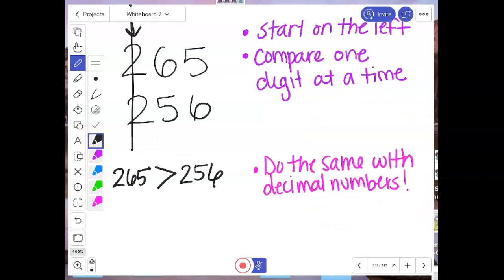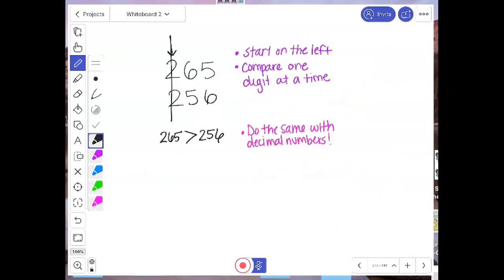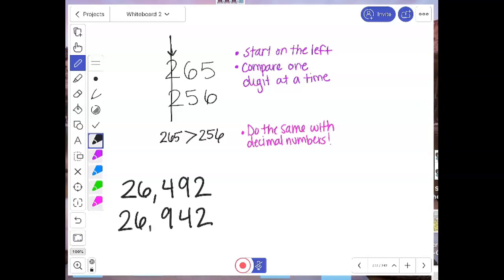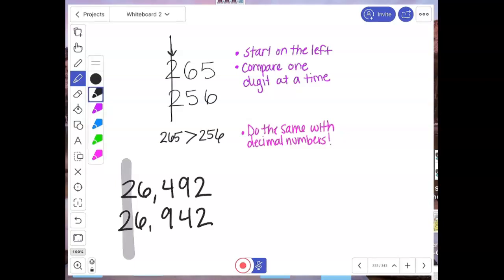I can do that with even bigger numbers. So let's say I've got 26,492, 26,942. So I go digit by digit. So I started here. 20,000 and 20,000 are the exact same thing. 6,000 and 6,000 are the exact same thing.